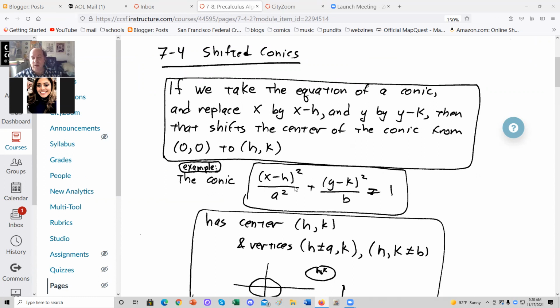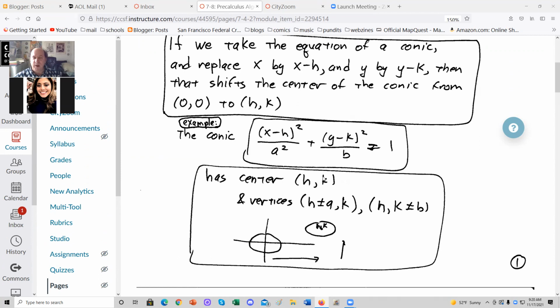So for example, here we have x minus h all squared over a squared plus y minus k all squared over b squared equals 1. It has a center h by k, and this is an ellipse. You go plus and minus a on the x-axis, h plus or minus a by k for a vertex. This should be a b squared, my error.